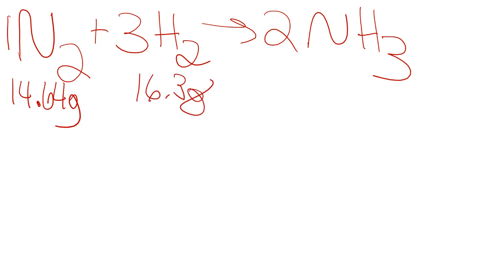So something has to run out first. It's not as simple as buying the same amount of hot dog buns as hot dogs, because in chemistry we're working with such small quantities. So we have to find out what runs out first, because that's the thing that determines the amount.